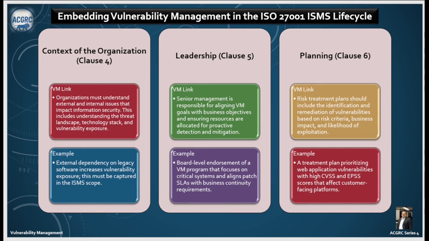In simple terms, clause 6 helps organizations plan how to deal with risks like vulnerabilities by setting clear goals, choosing the right controls, and building a plan for continuous improvement.